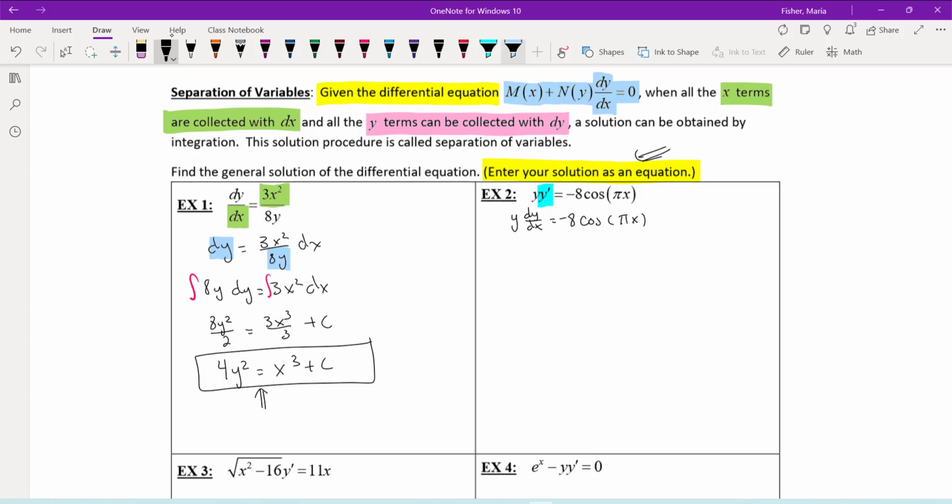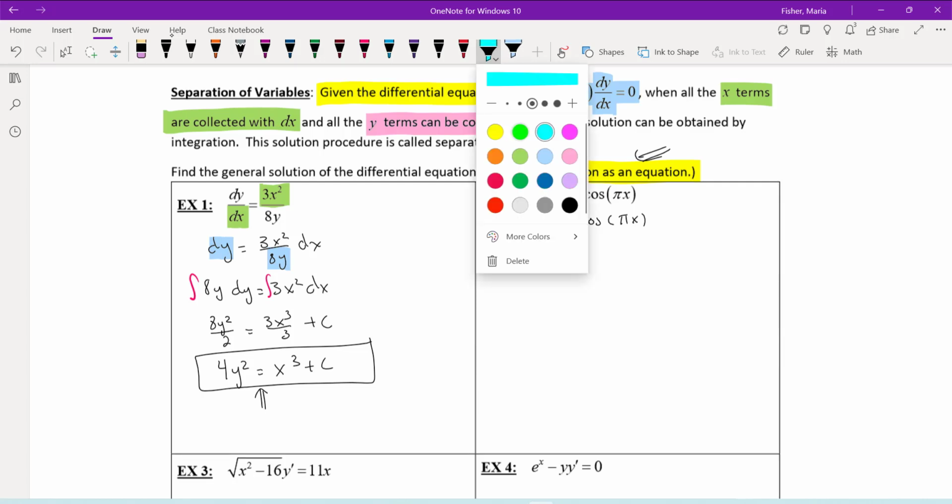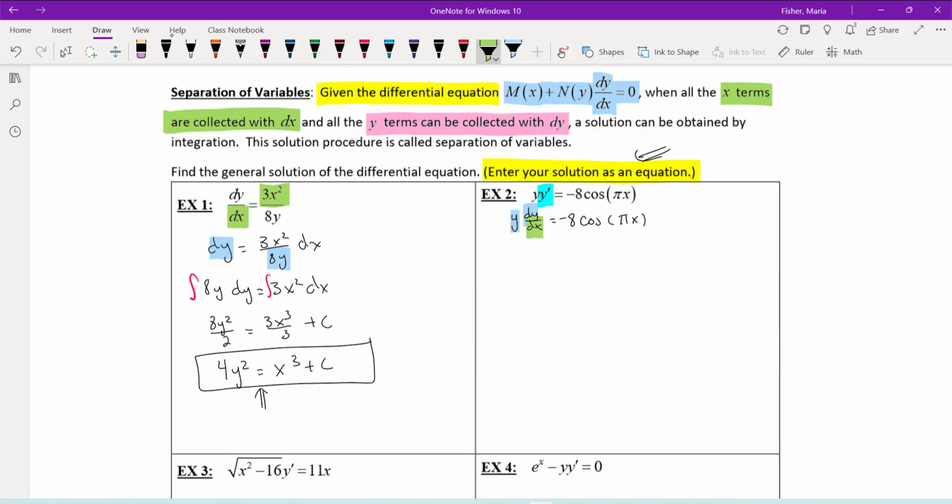Then I need to separate variables. So here are all my y's, and I have to get the dx to the other side so that it's out of the denominator and with my x's, so I multiply both sides by dx. And we have y dy is equal to negative 8 cosine of pi x dx.